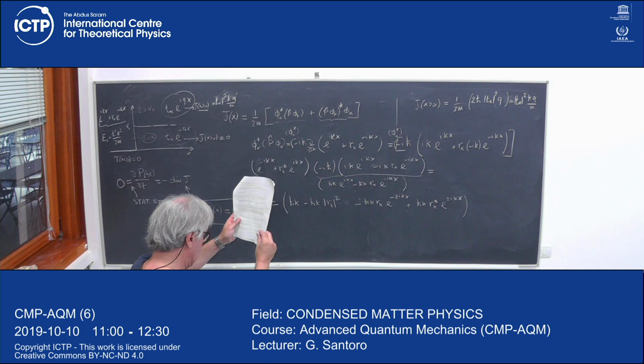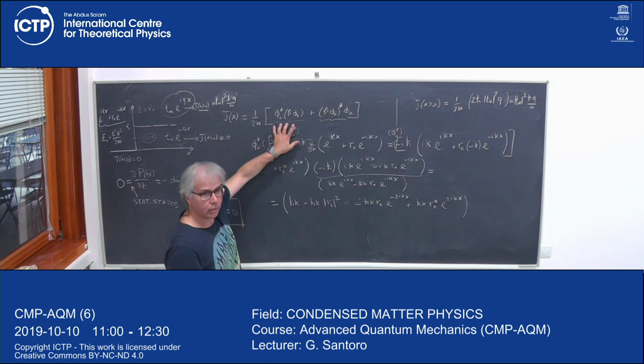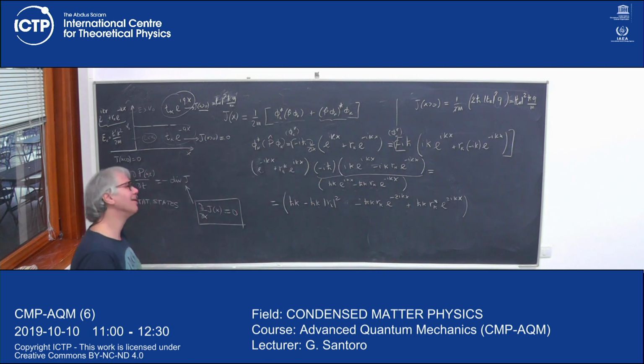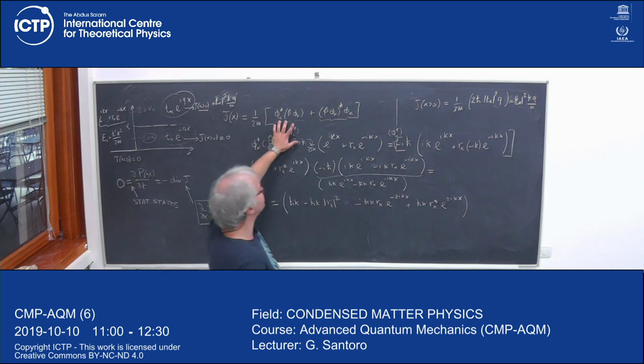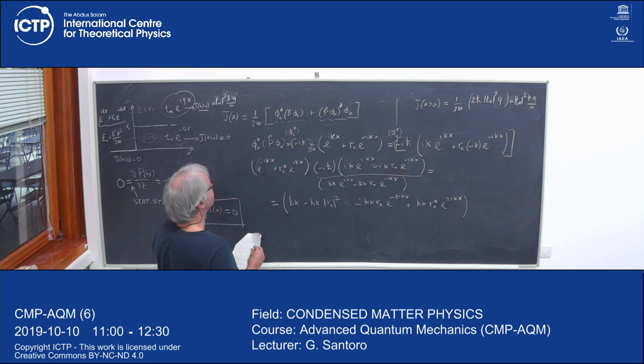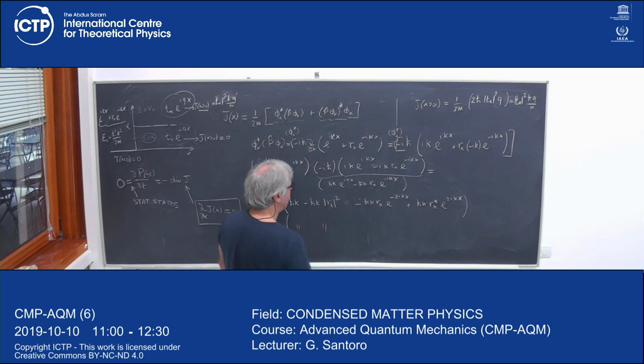There should be cancellations coming. Let's see. Oh, yes. This is only the first term. Careful. Okay, this is this term. And then there is the complex conjugate. So plus the complex conjugate. This is the same. This is the same.